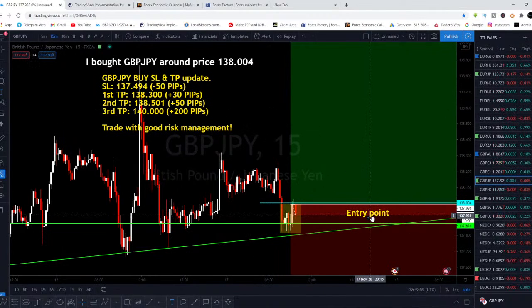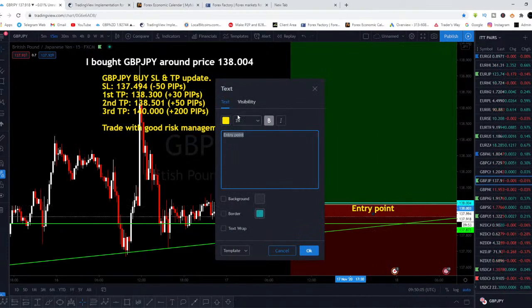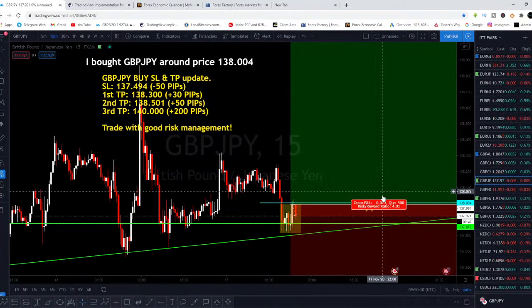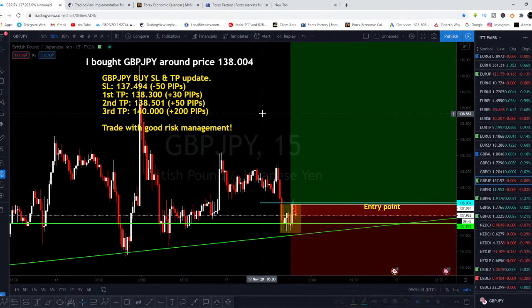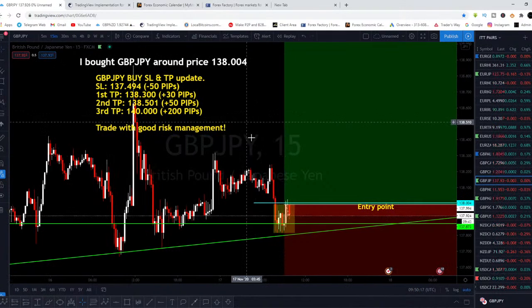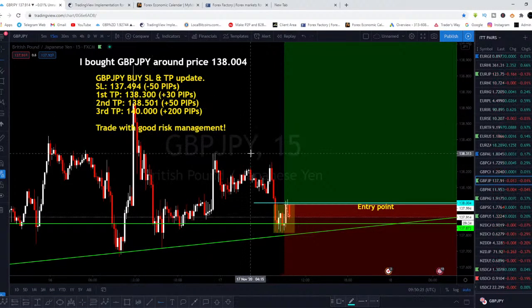Right? Let me read this to 24. Then check out the first TP, around price 138.300, right? 138.300, there we go.